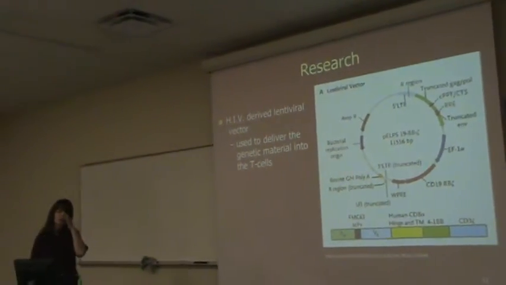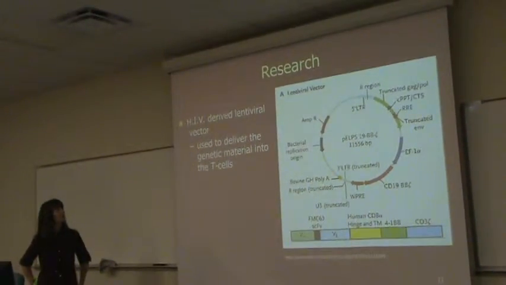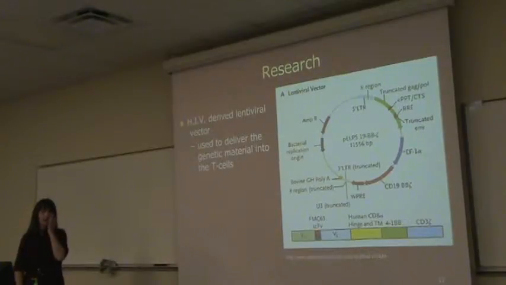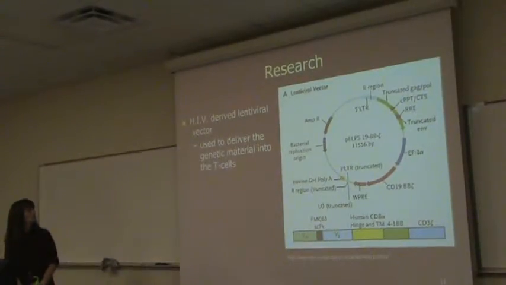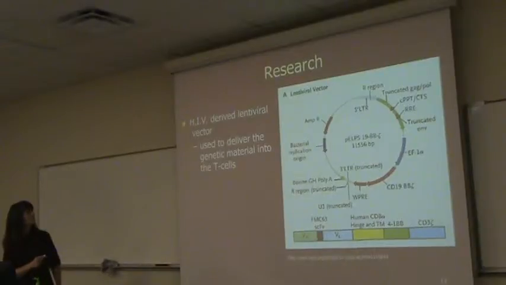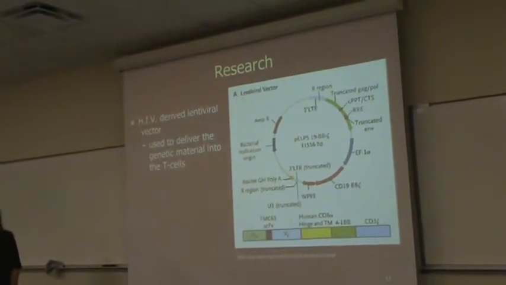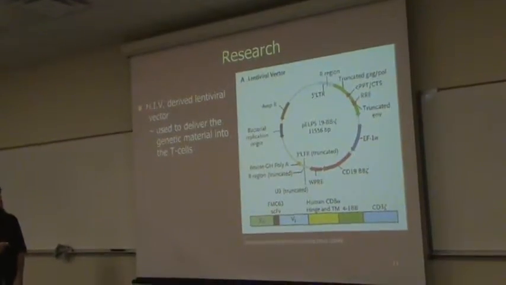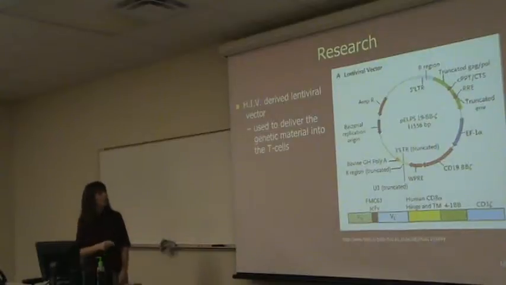So how did the researchers get this genetic material into the T cell? They used an HIV lentiviral vector, and this was an HIV virus that had been deprogrammed so that it was not infectious anymore. And then they picked the DNA that they wanted and used this vector to insert the DNA into the T cell.